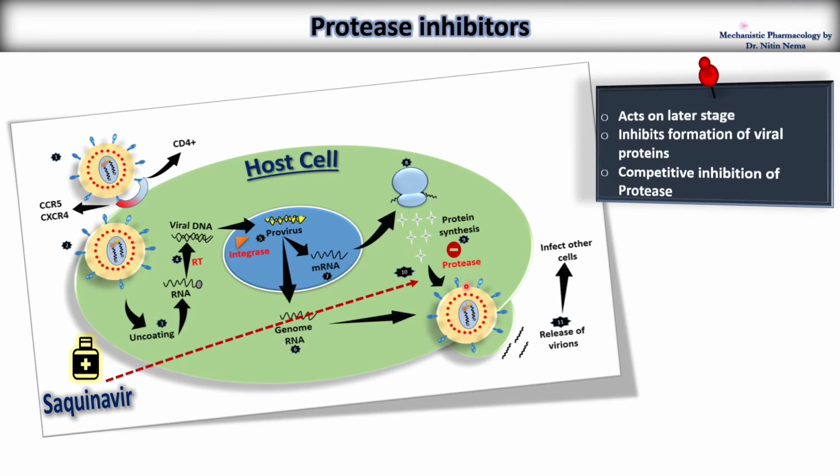This enzyme is involved in the breakdown of polyprotein into structural protein. Therefore, assembly of new infectious virions is prevented. Secondly, it also affects the RNA genome formation of new virions, thus inhibiting both newly formed cells along with the infected cells also.